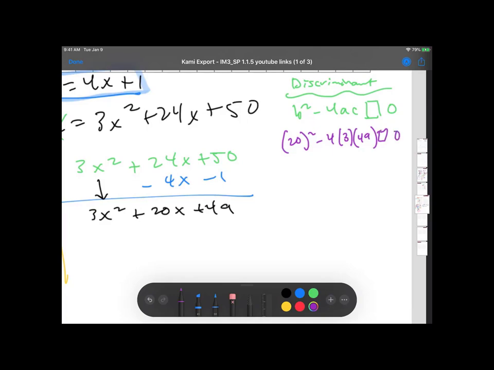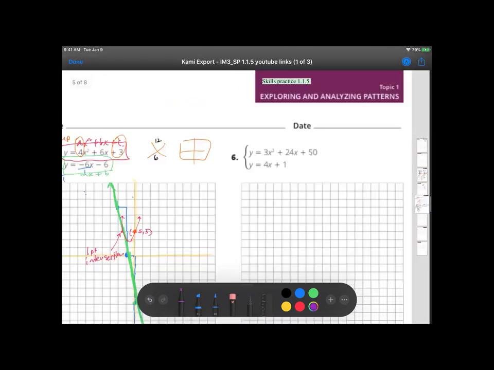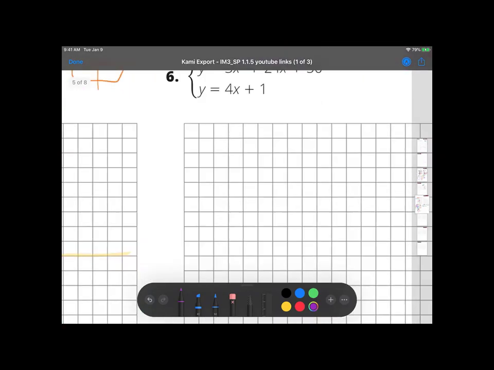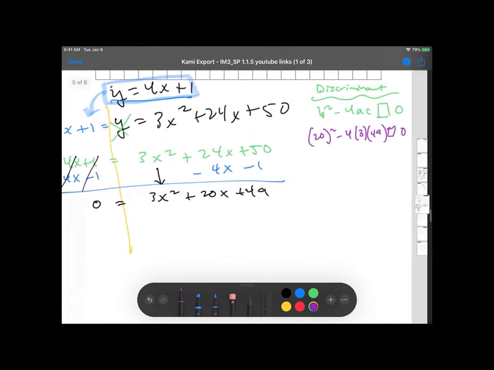Got my handy dandy calculator right here. 20 squared gives me 400. Then negative 4 times 3 is negative 12, times 49 gives me negative 588.